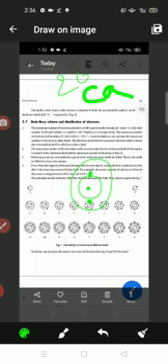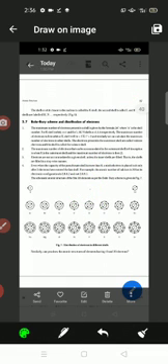Here 8 should be present: 1, 2, 3, 4, 5, 6, 7, 8.